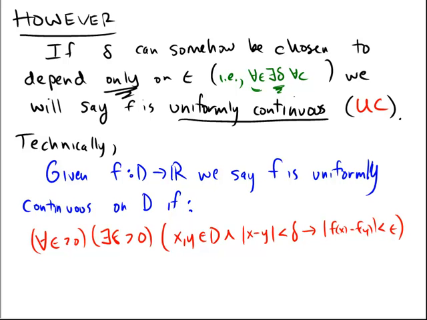The very observant student might notice that this idea of being close to each other, as opposed to being close to some point, is very much like the Cauchy sequences, and how Cauchy sequences were different than general convergence of sequences.